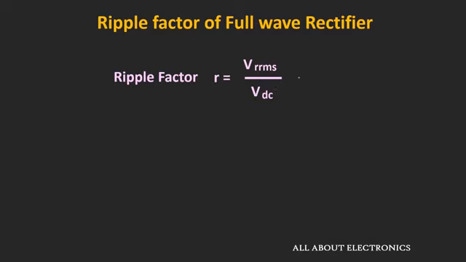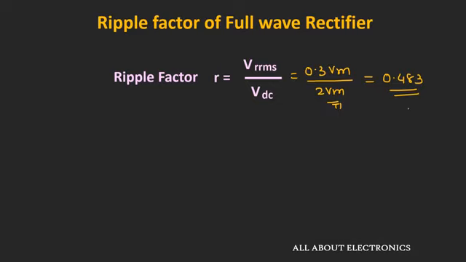The RMS value of the ripple is 0.3 times Vm. And for the full wave rectifier, the average value is equal to 2 Vm by pi. If we simplify this expression, the ripple factor for the full wave rectifier will come around as 0.483. So in this way, we can also find the ripple factor for the full wave rectifier.